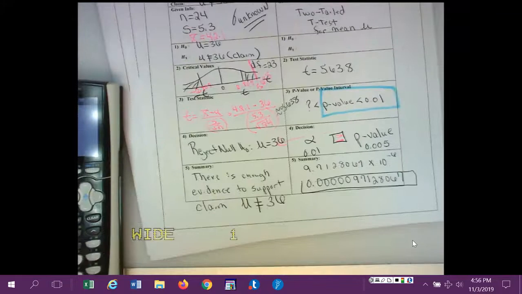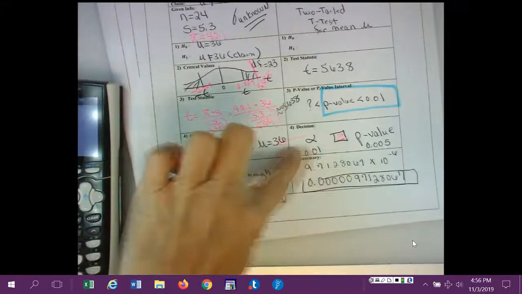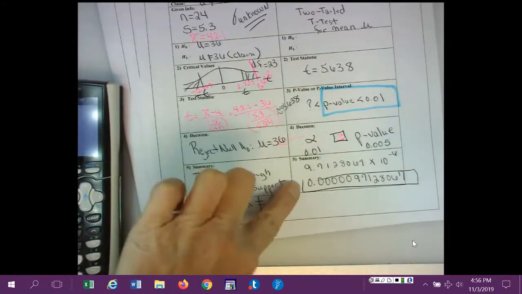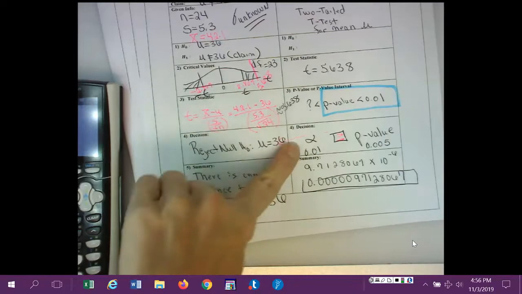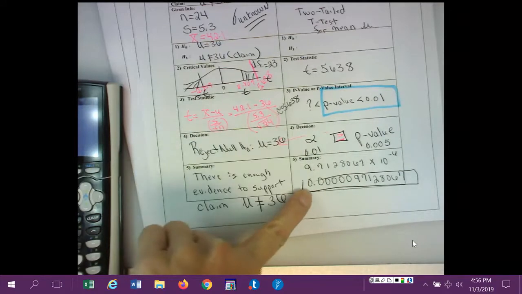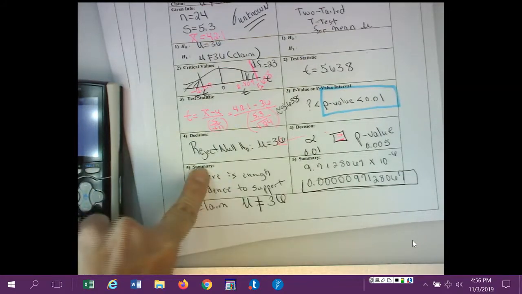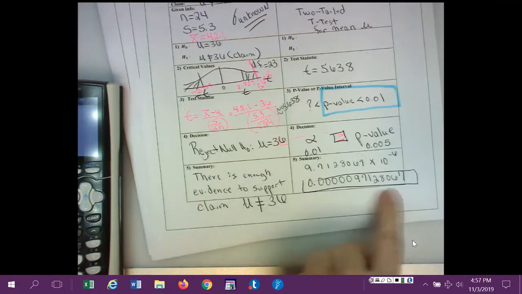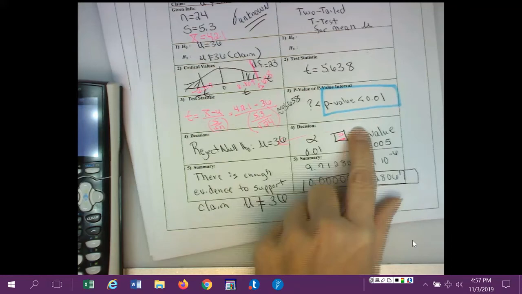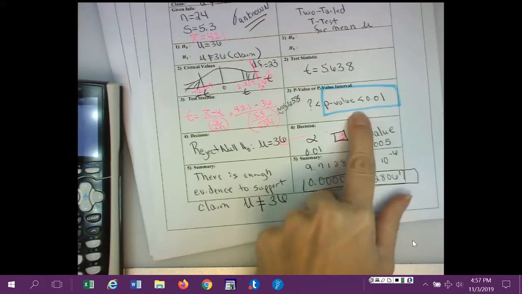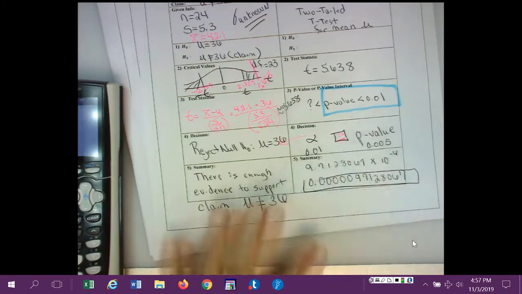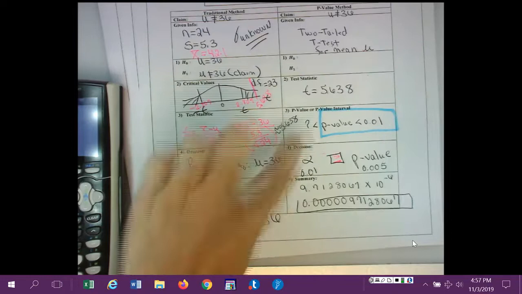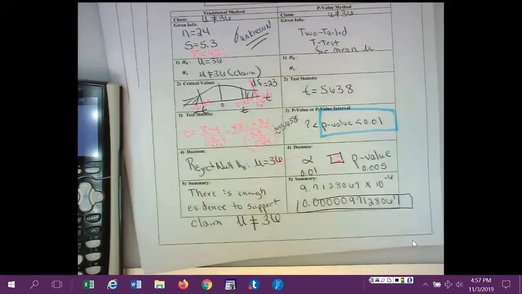You can certainly use the calculated p-value to compare alpha here with the p-value. Alpha is way larger than the calculator p-value, so reject the null. When it comes test time, though, and it's a two-tailed t-test like this, I'm not asking for the calculator p-value. I'm asking for the p-value interval. So everybody for a t-test needs to know how to give me a p-value interval from the t-table.